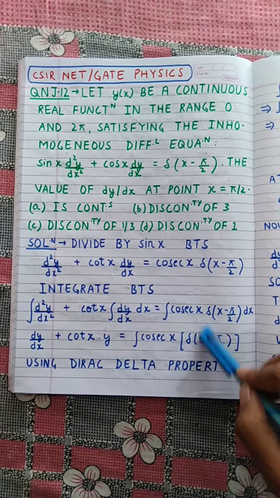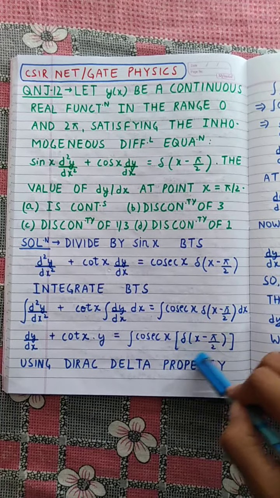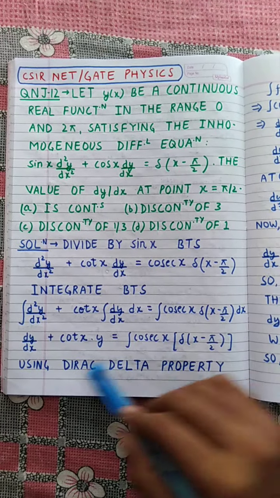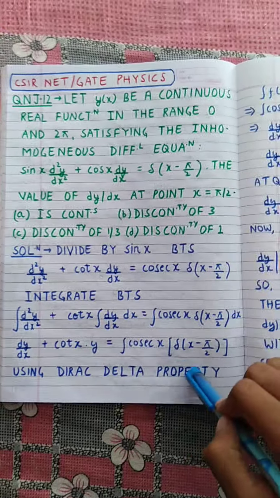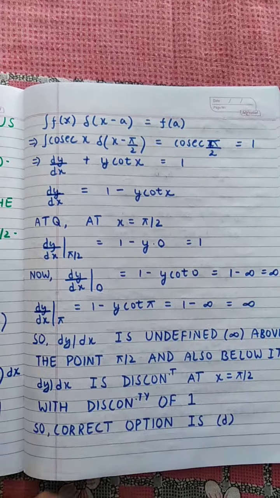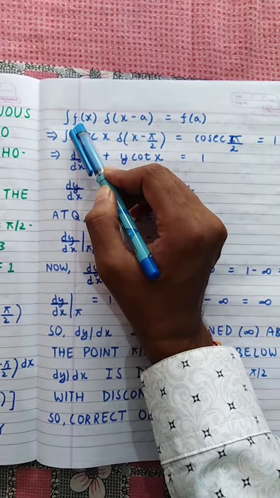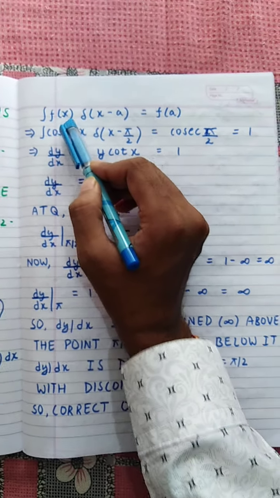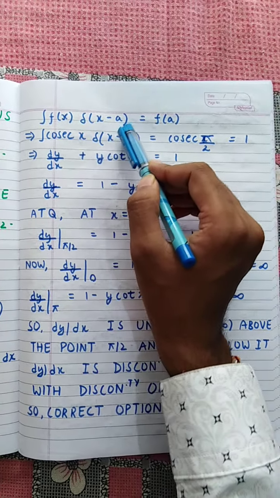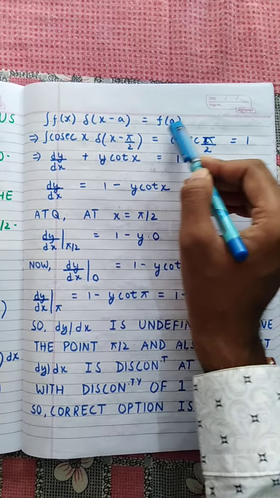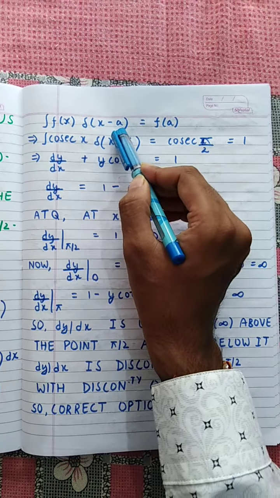As we discussed earlier, this is a Dirac delta function, so we will use the property of the Dirac delta function. What is the property? If any expression is given in the form integral of f of x delta of x minus a, then its value is f of a, where a is any point.